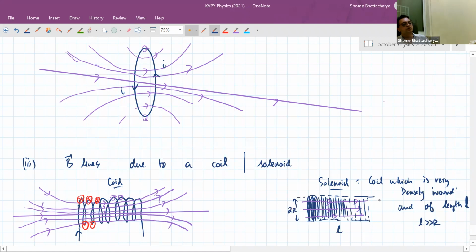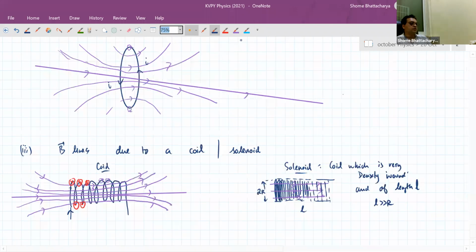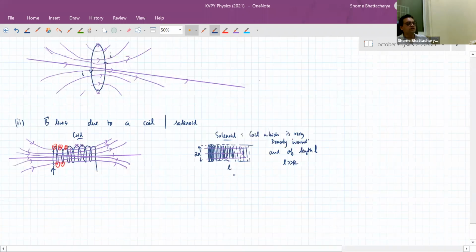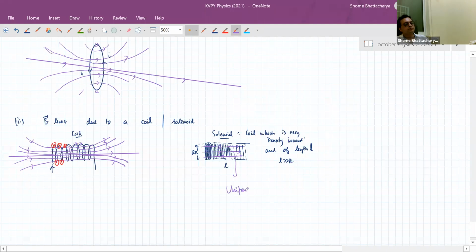It's the diameter. So you have to imagine a coil which is very densely wound, but also its length is a lot. In that case, we have a uniform magnetic field inside the solenoid.